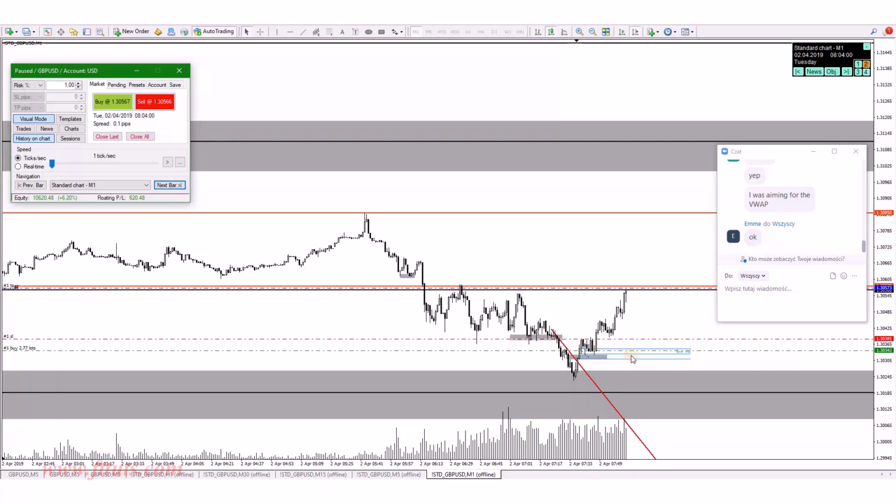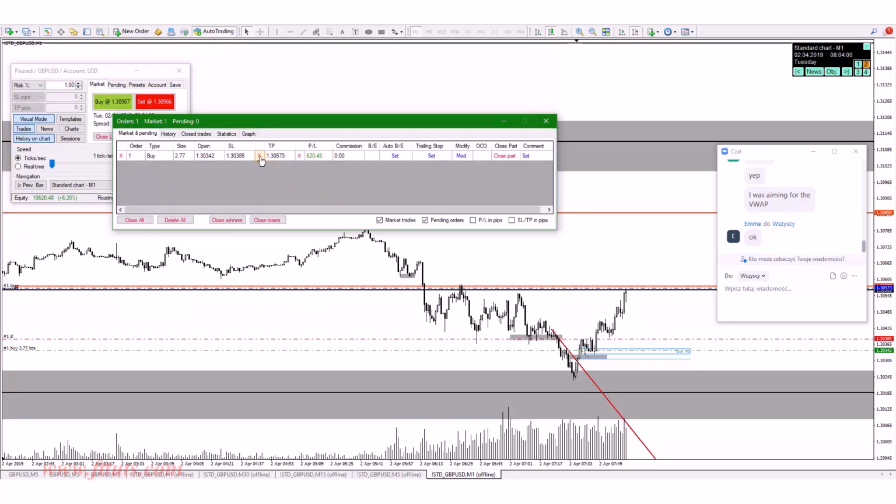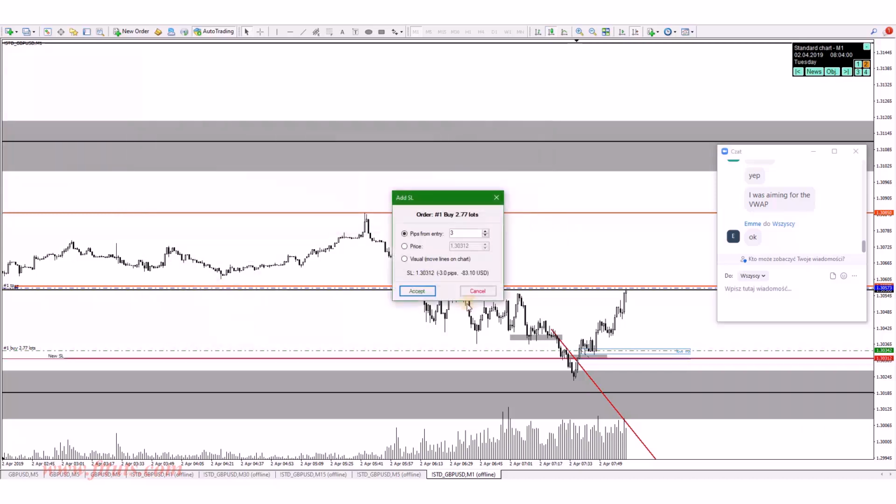Oh yes, I hope that price will not turn, but usually I will put also the stop loss here, as moving below while buying, below every freshly made demand.